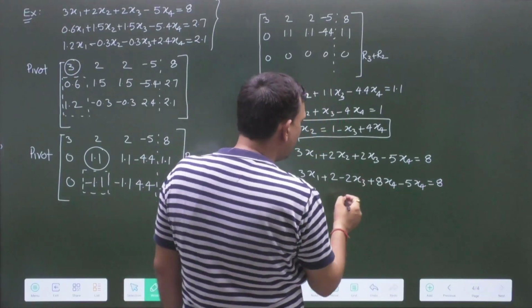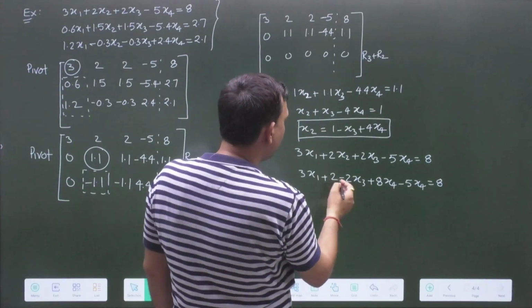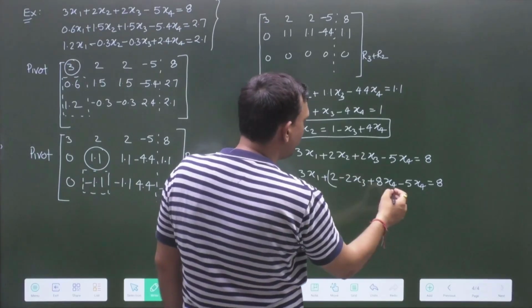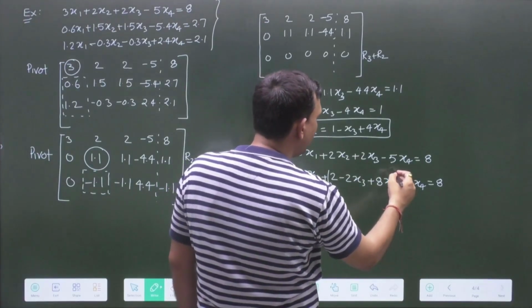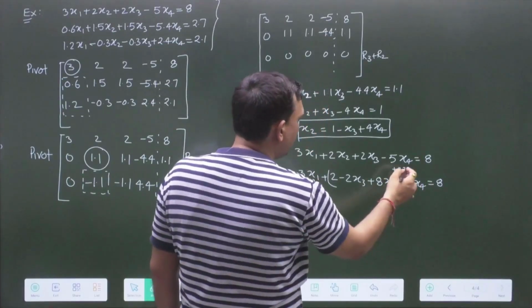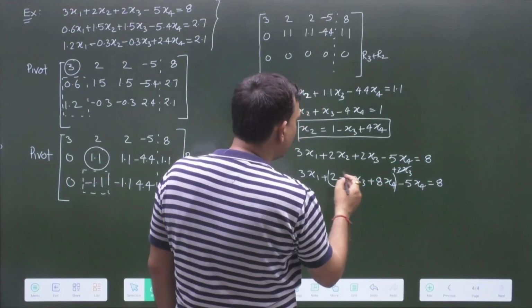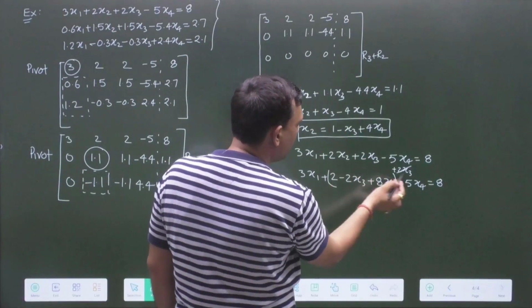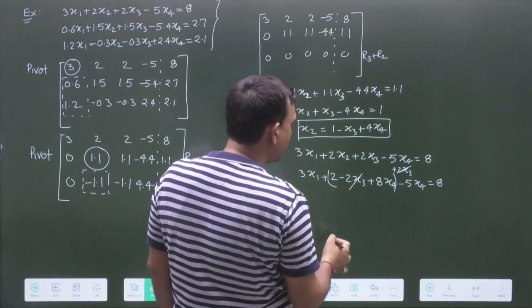So this you have 2 minus 2x3 plus 8x4. You have plus 2x3 also. So this will cancel out.